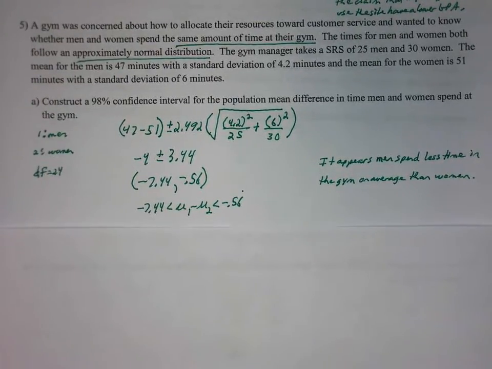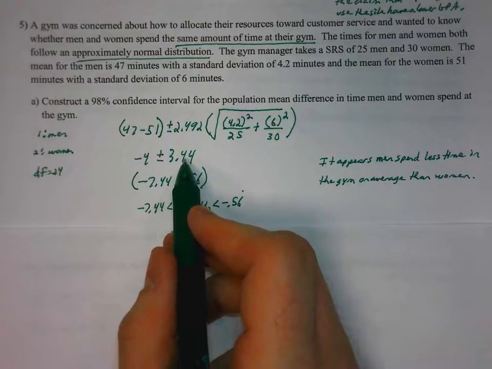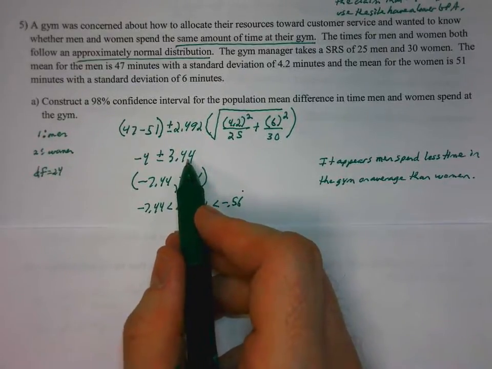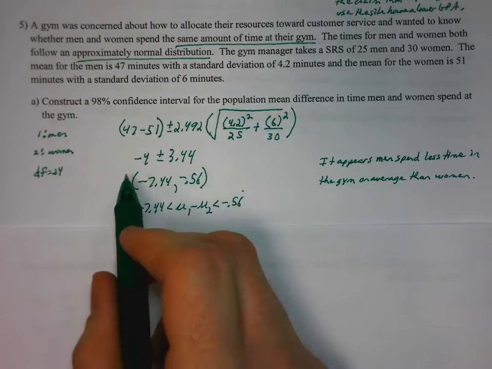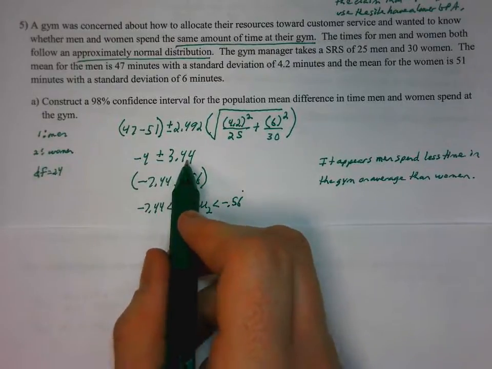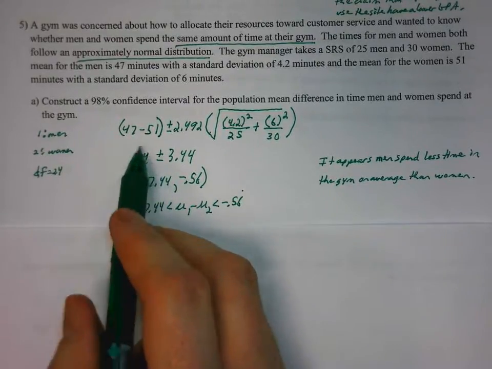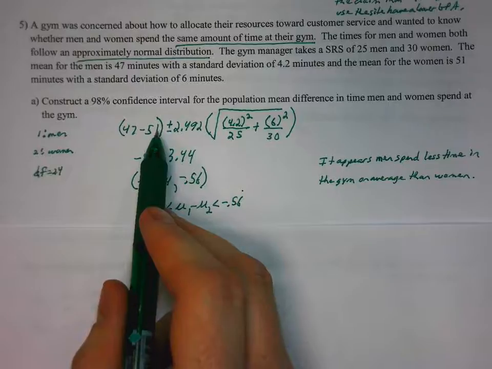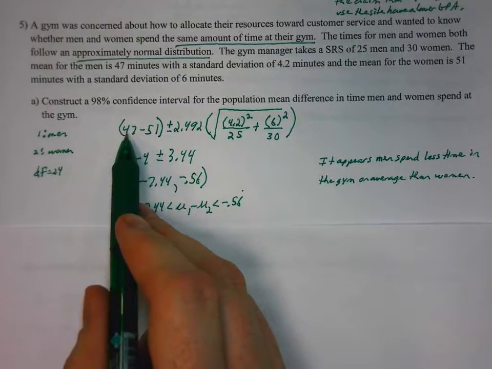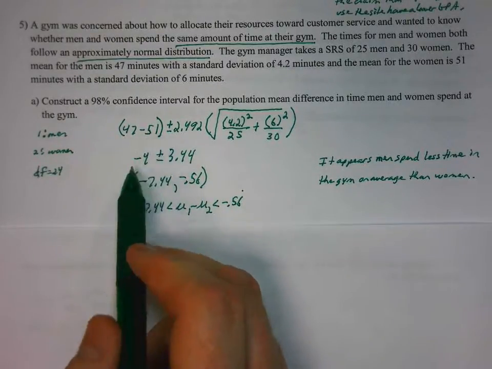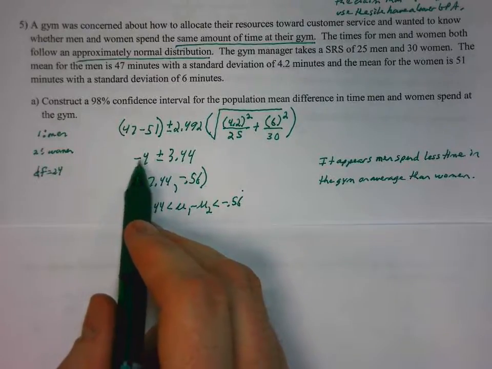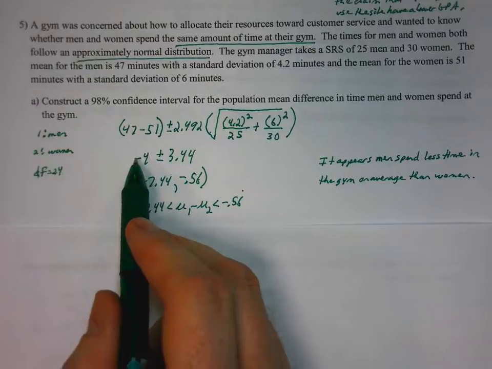When you do your confidence interval, we get a margin of error of 3.44 minutes. So we have -4 plus or minus 3.44. That -4 is coming from x bar 1 minus x bar 2, the men's sample mean minus the women's sample mean. To start with, it looks like men are spending less time than women.